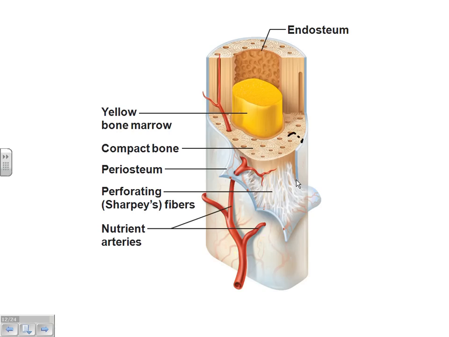Each one of these little circles, what you call a tree trunk or a spider web, each one of those is called an osteon. Okay? It takes millions of osteons to make a bone. Now, we're looking at this bone straight up and down, right?